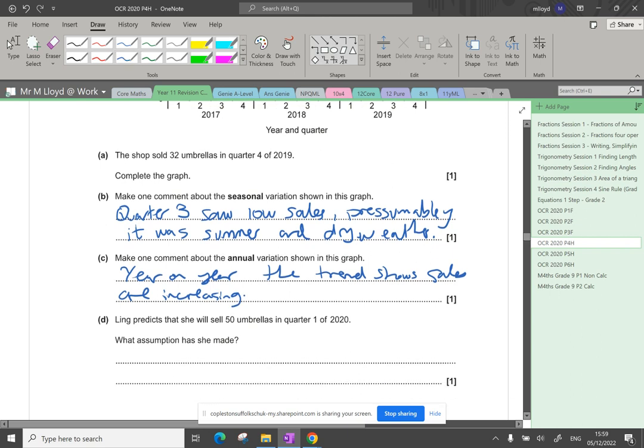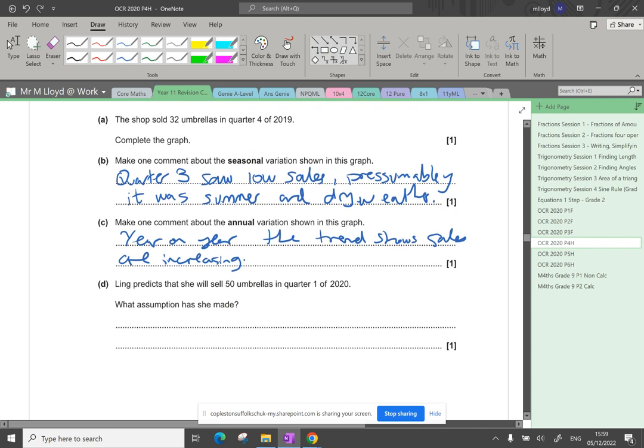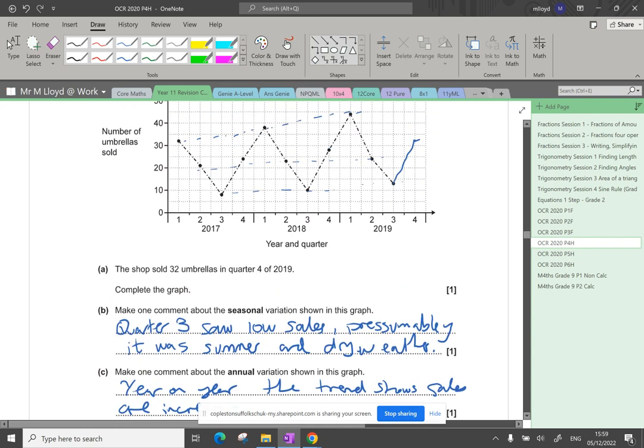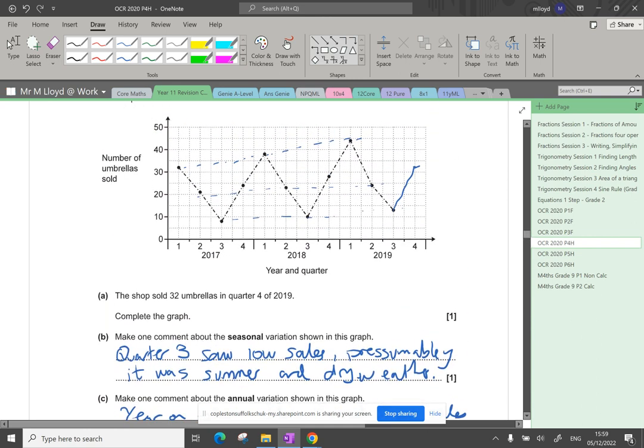Fantastic. Ling predicts that she will sell 50 umbrellas in Q1 of 2020. What assumption has she made? So we've gone from like about 32, 38 to about 44.